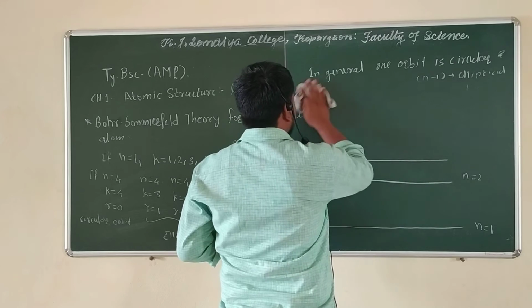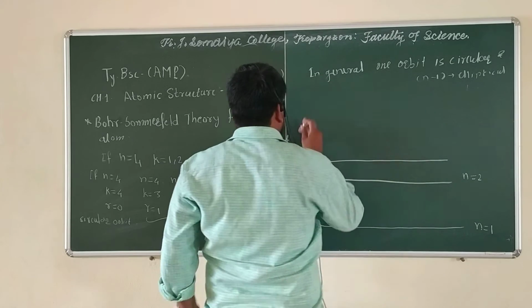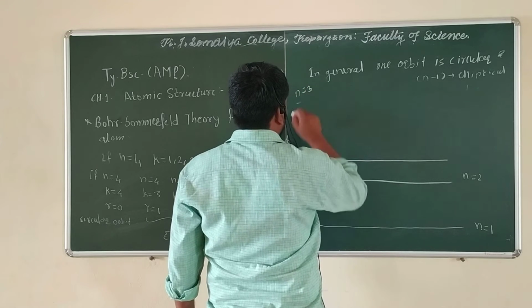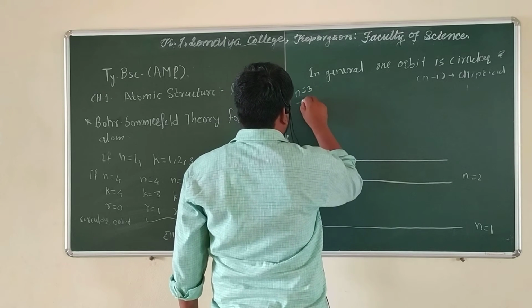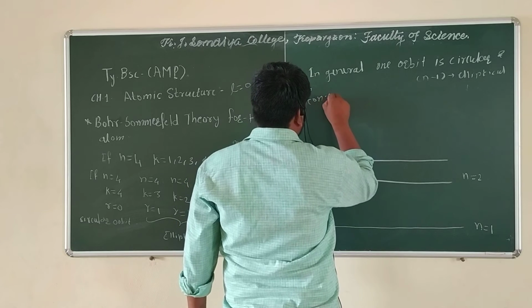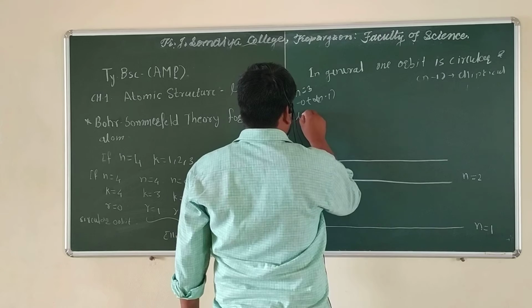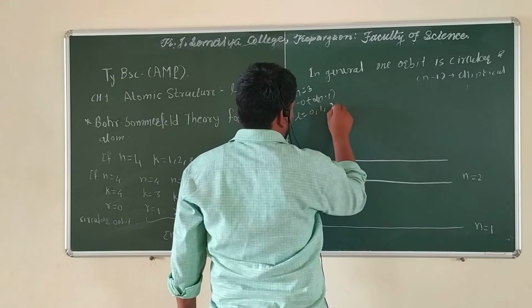If we consider n is equal to 3 here, the values are 0 to n minus 1, so 3 minus 1 is 2. So the L values are 0 comma 1 comma 2.